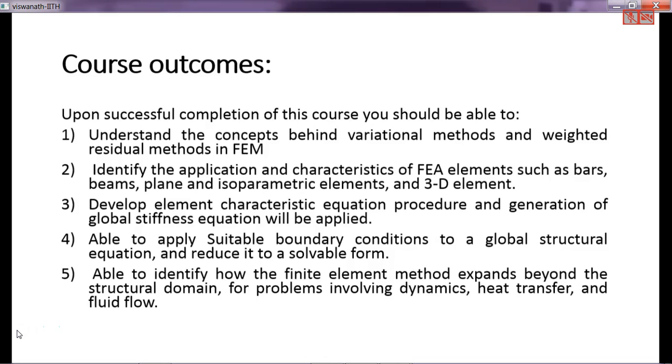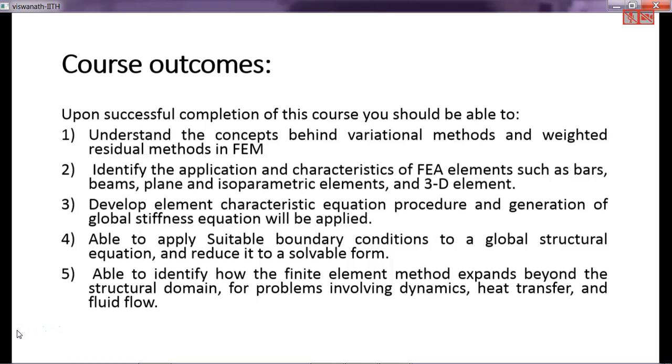The third one is to develop the element characteristic equation procedure and the generation of the global stiffness equation. So how to obtain the local equilibrium at each individual element, and how to obtain the global equilibrium by assembling the global stiffness matrix is what you will be learning.